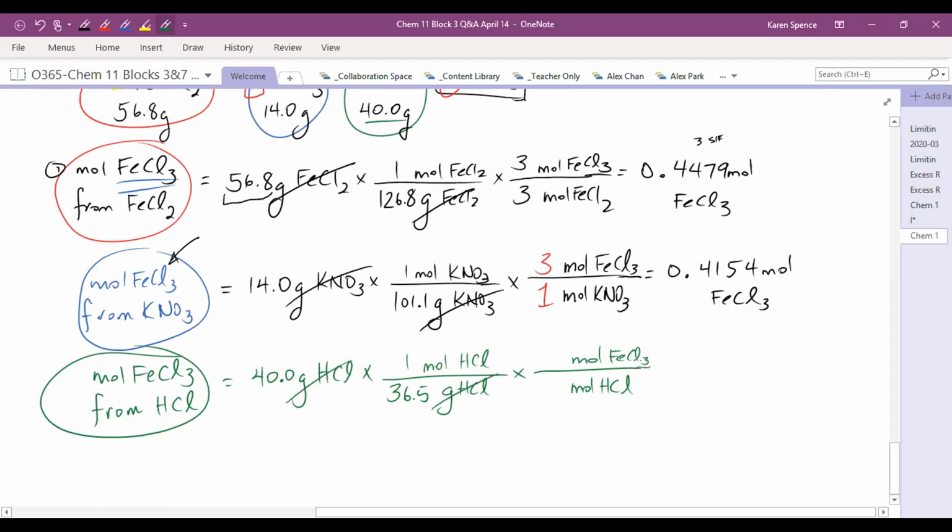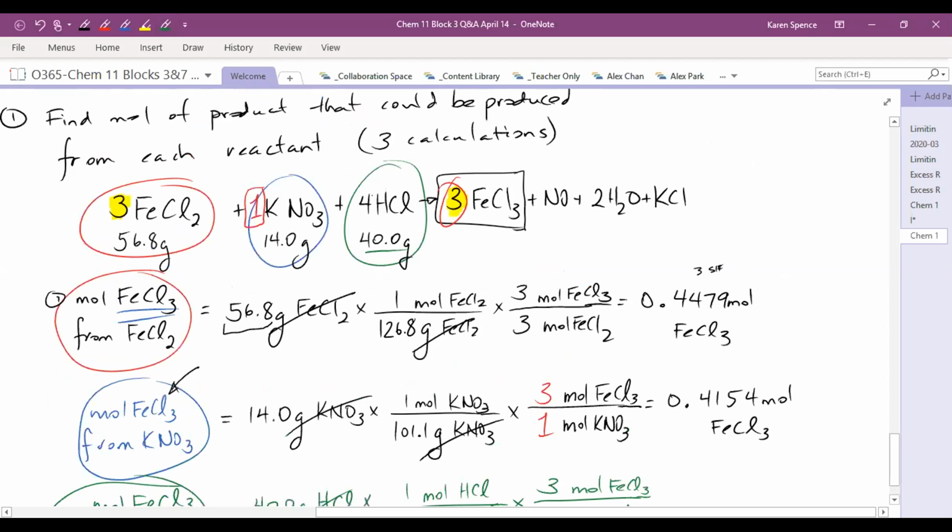The coefficient in front of the FeCl3 is a 3. Let's go back and check our HCl. That is a 4.